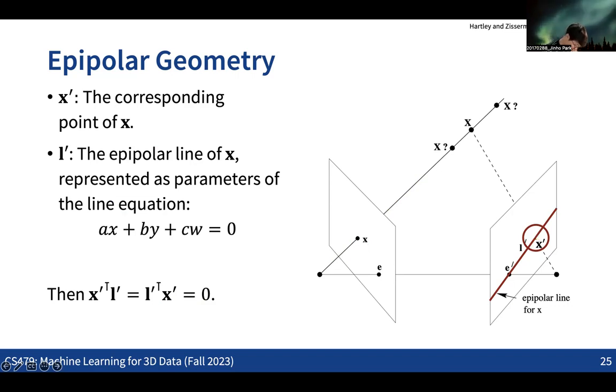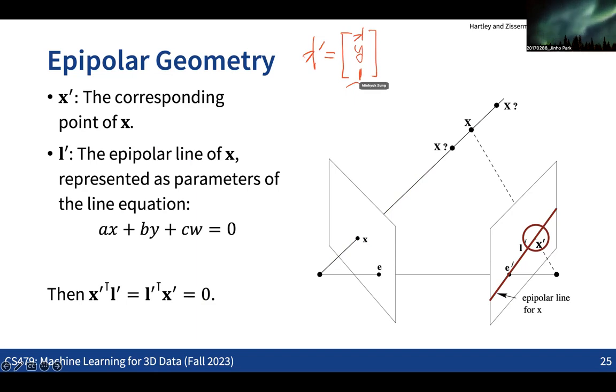Now we're going to use homogeneous coordinates for the 2D points, which means we have a 3-dimensional vector for each point, so x prime will also be represented in homogeneous coordinates. You can think of it as having 1 in the last part.